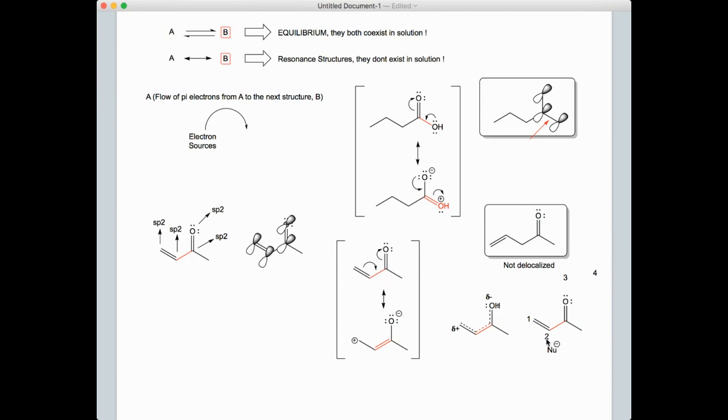So this is carbon 1, this is 2, this is 3, and this is 4. If I add a negatively charged molecule to this molecule, I'm going to pose this question: where will this species react? Where in the molecule? In which position? 1, 2, 3, or 4? Where will the reaction take place?